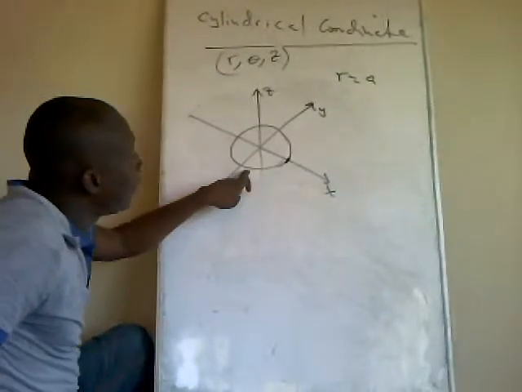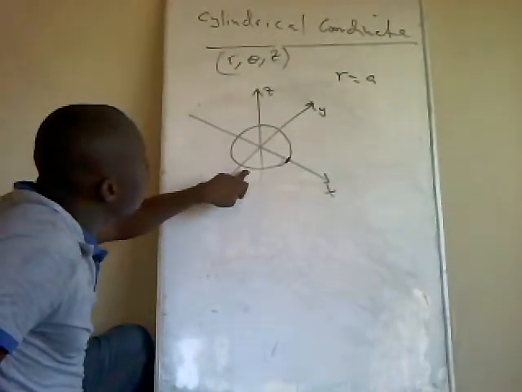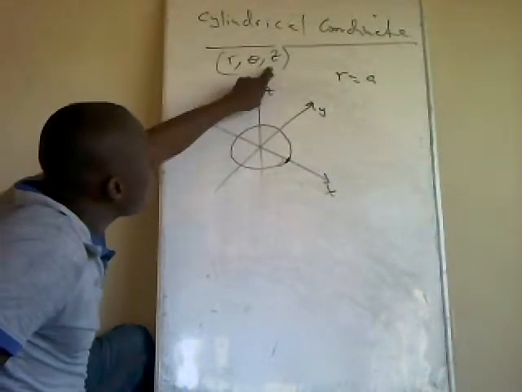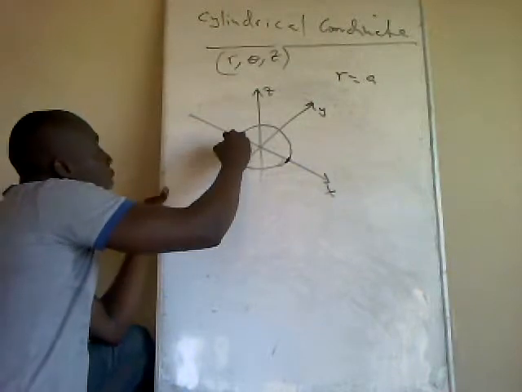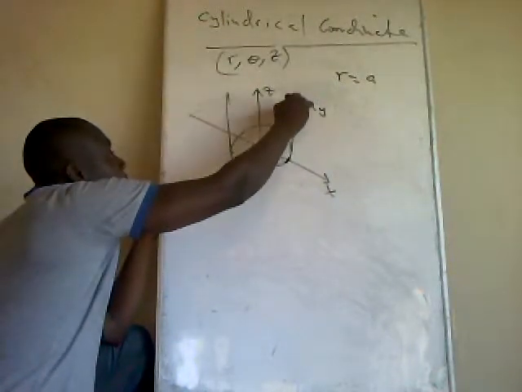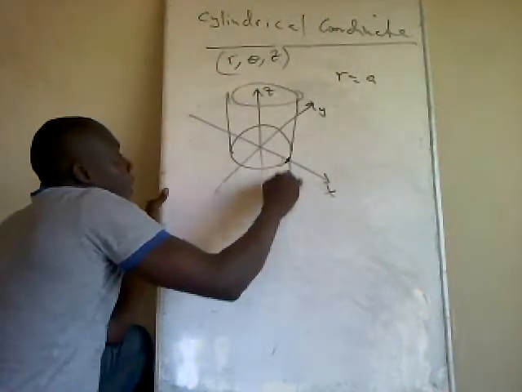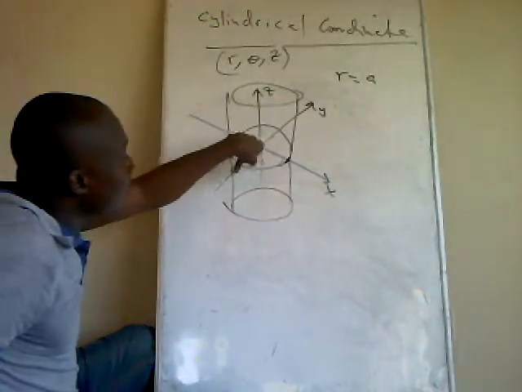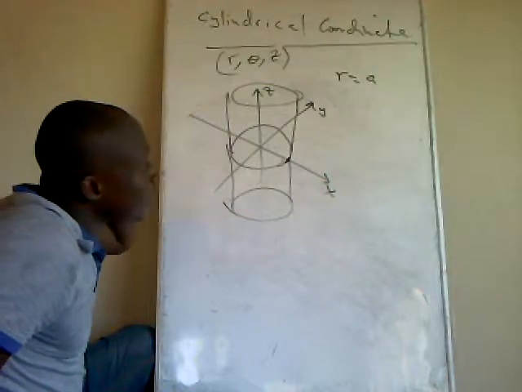Now I've also defined z, so I'm going to give the circle an infinite height. And given the circle infinite height, I get a cylinder of base radius a.